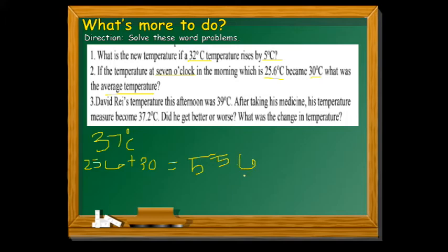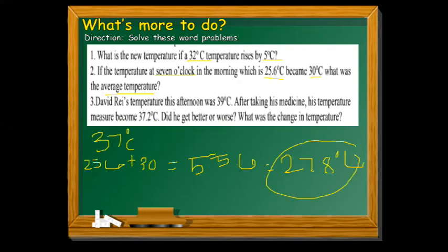So 55.6, we will just divide this number by 2. 55.6 divided by 2 is going to be 27.8 degrees Celsius. Ganun lang siya kasimple.